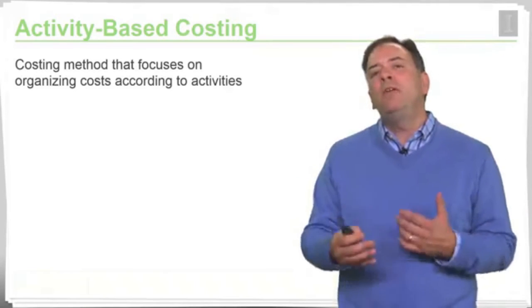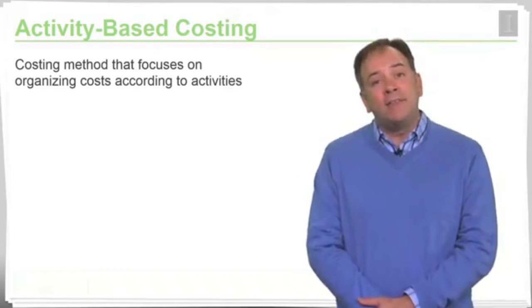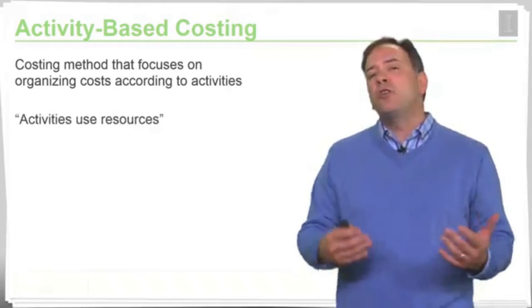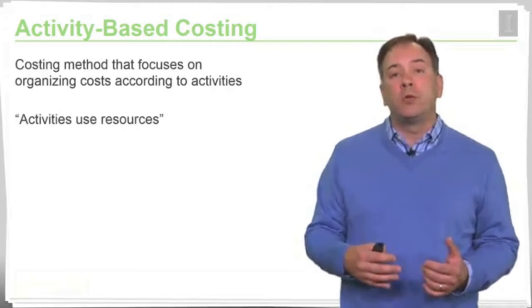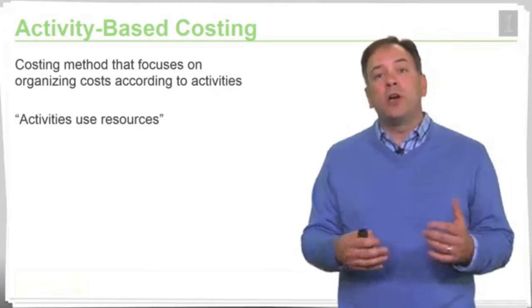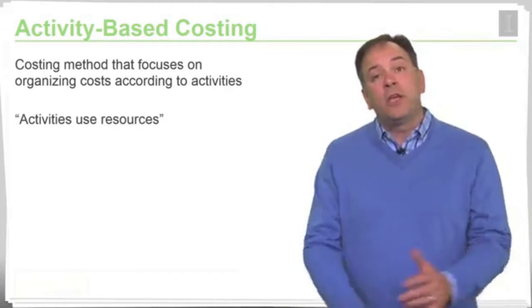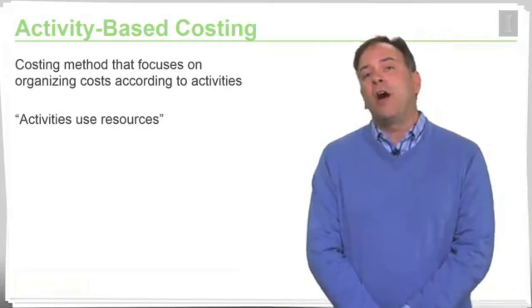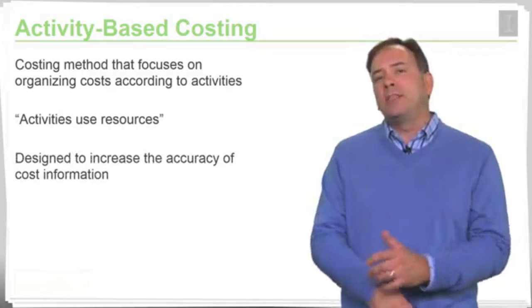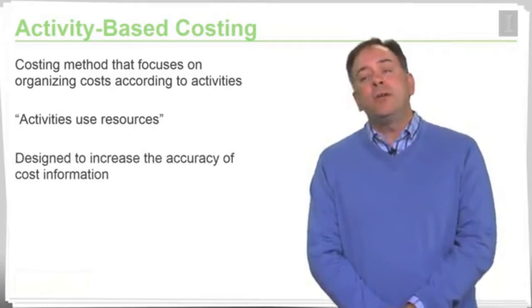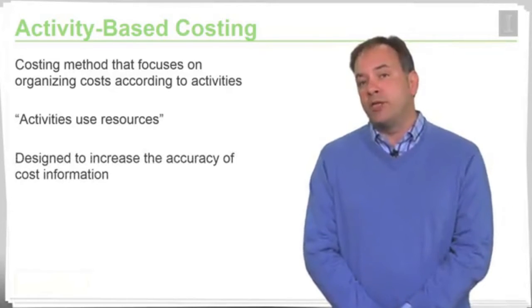It takes a more real view of what the firm's activities actually are. And the mantra in this costing system is that activities use resources. As resources are used up according to the activities, the firm is engaged in incurring costs. So the design of activity-based costing, or its intent, is to increase the accuracy of cost information.